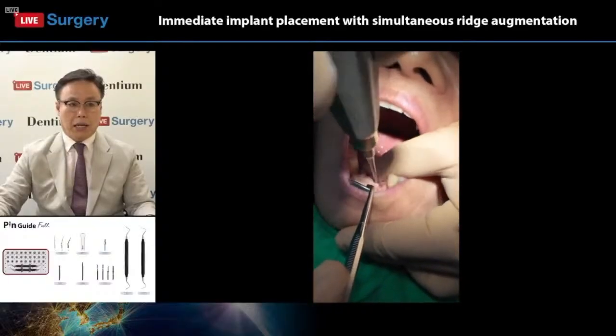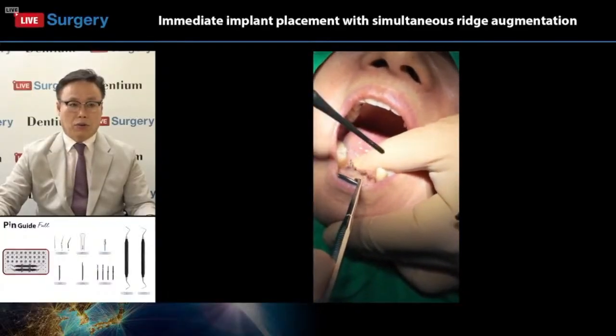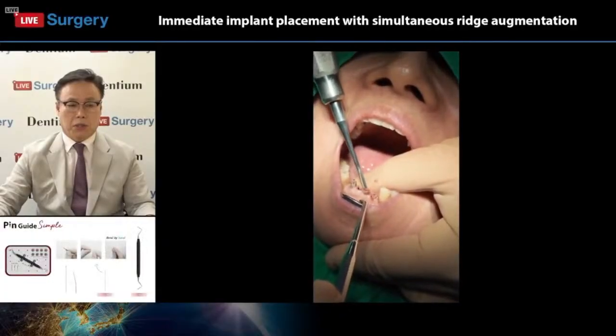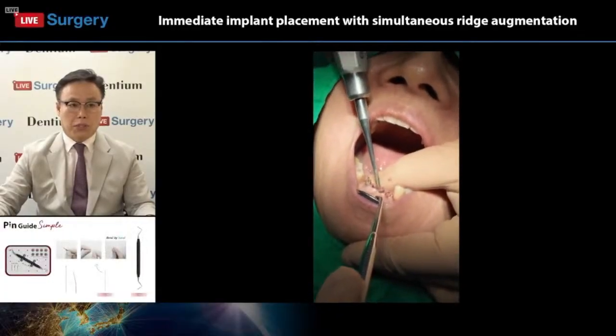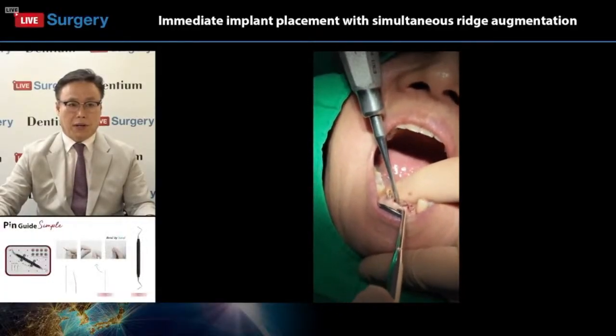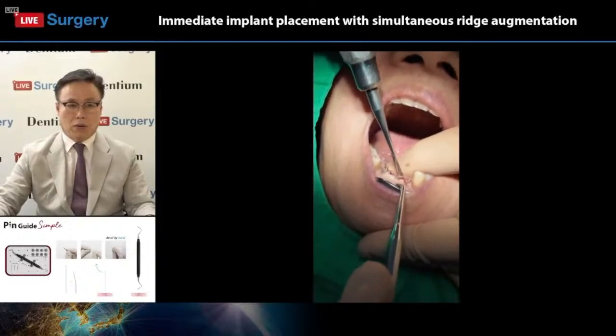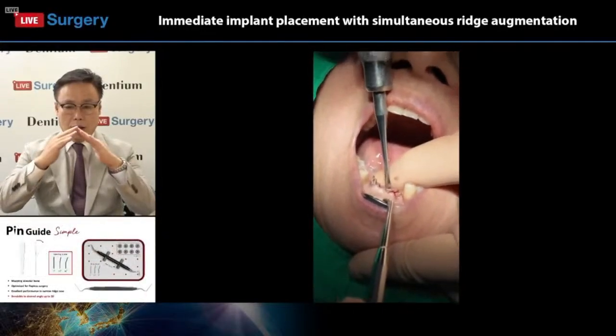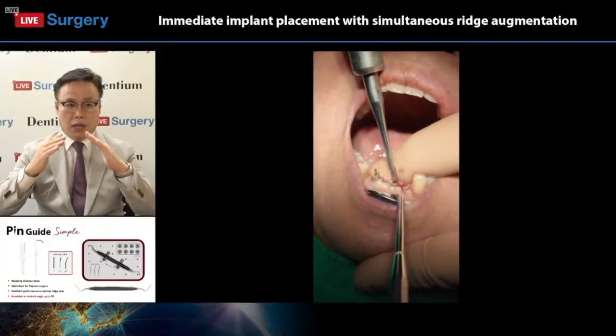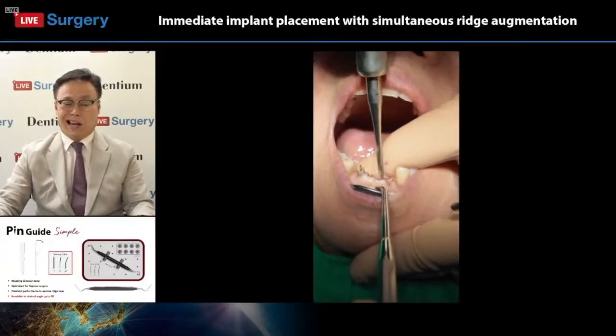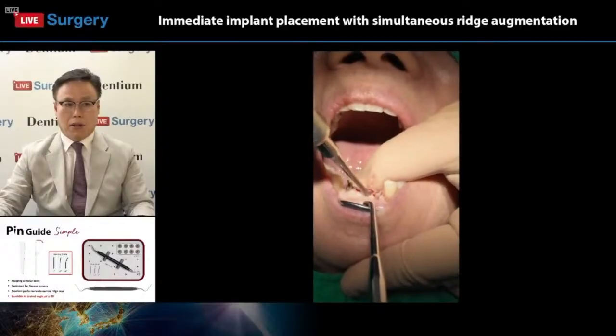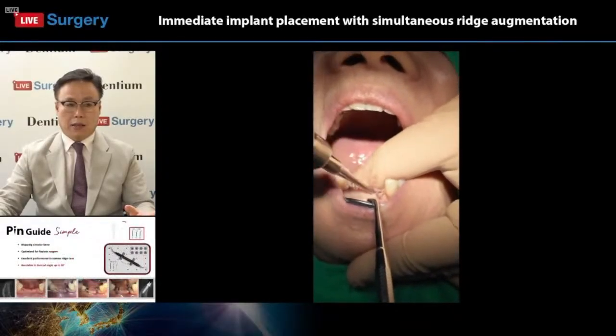If you are causing trauma during the extraction procedure, there will be more chance of a dehiscence defect, because in the lower anterior tooth area, the alveolar ridge is very thin. Therefore, there's not enough space for placing an implant.